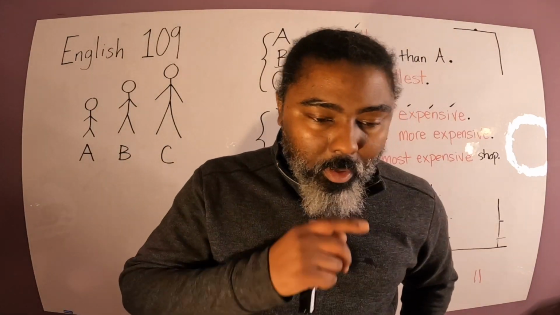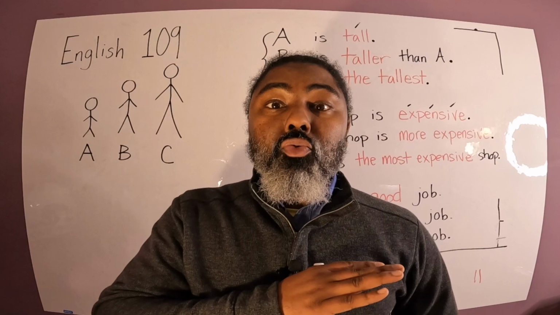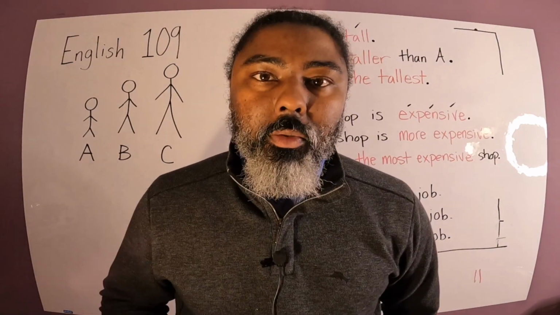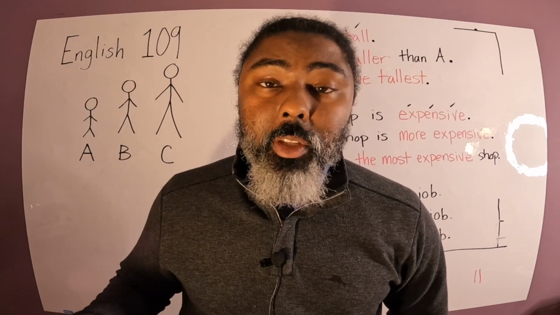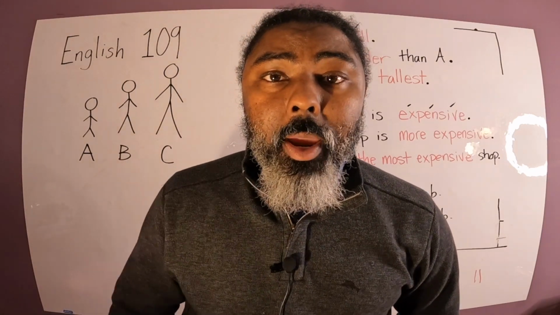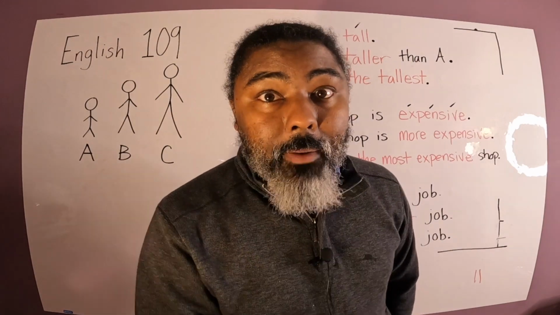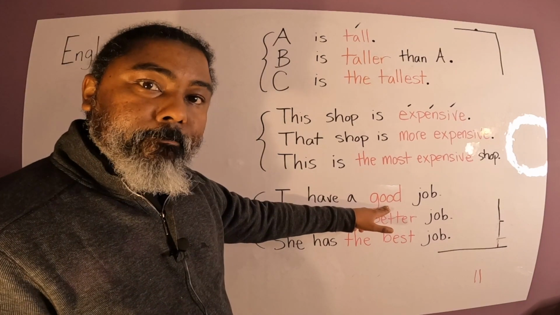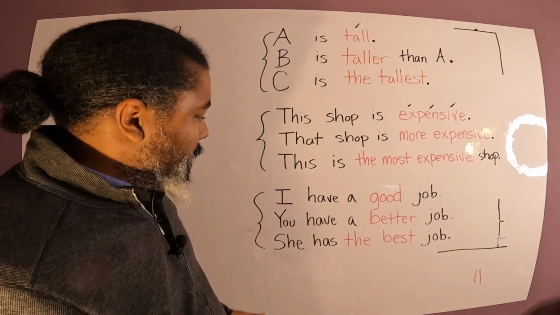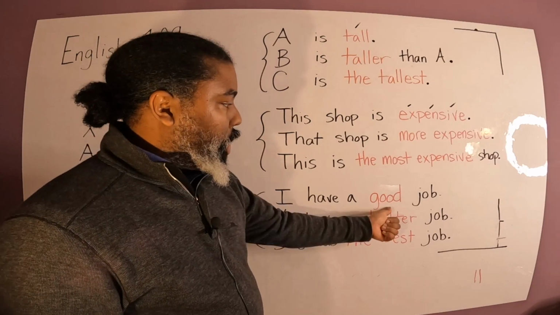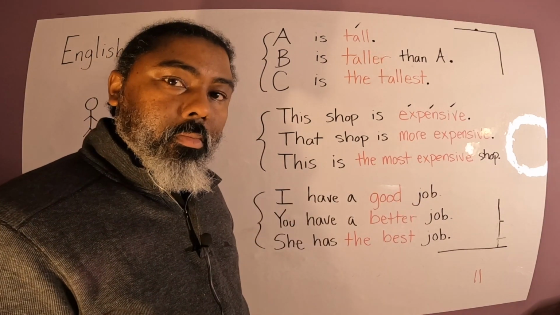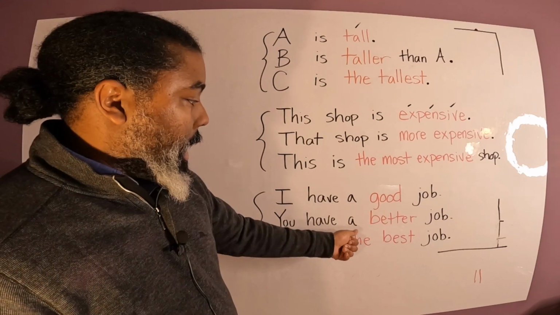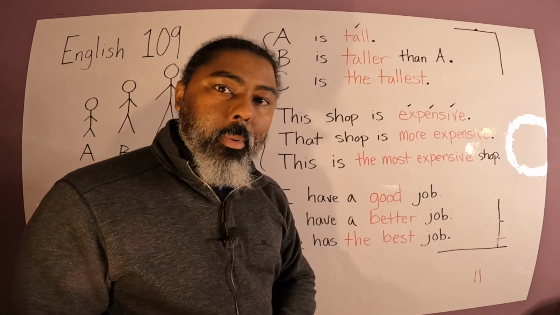Finally, there are some adjectives that do not, I repeat, do not follow these rules. There are exceptions. They're pretty funky, all right? Funky adjectives. Let's have a look, shall we? Good is one example. You see, I have a good job. The comparative would be, you have a better job.